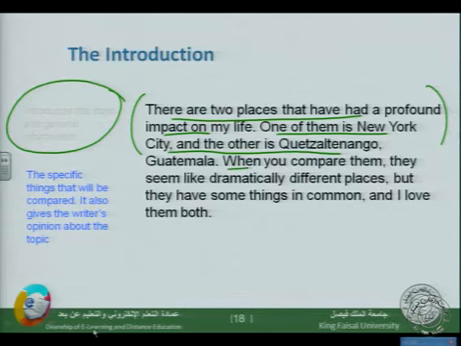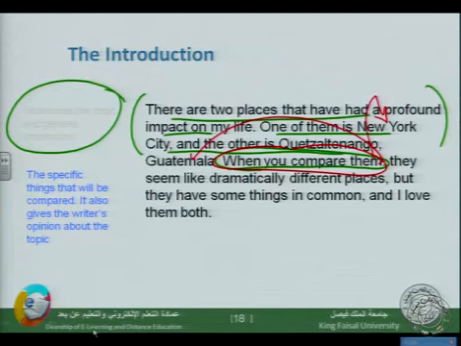So here, when you compare them, this sentence shows or tells you the comparison, that when you compare them refers to Guatemala and New York.